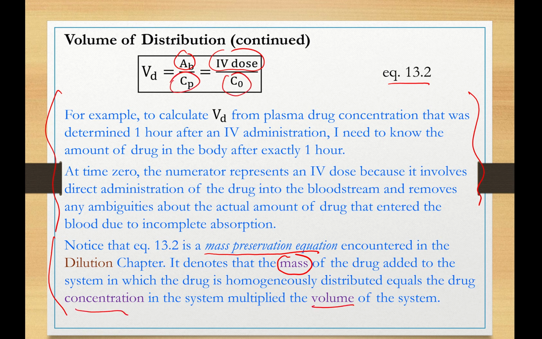And the volume of the system in this case is the VD. So basically, the mass of the drug would be equal to C times V, right? And this would be the concentration in the plasma, and this would be the volume, that would be the VD, for example. The volume of the drug in the body, or the volume of distribution of the drug. Okay.